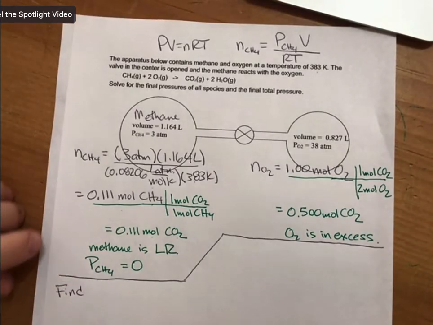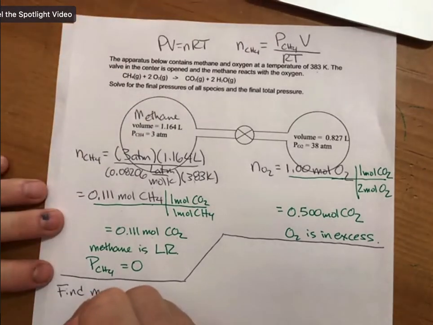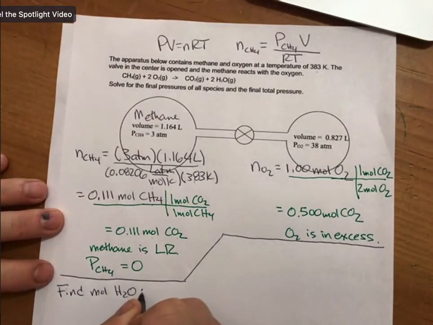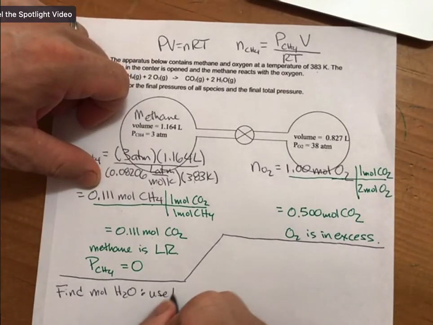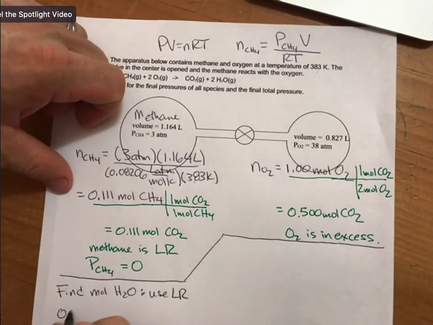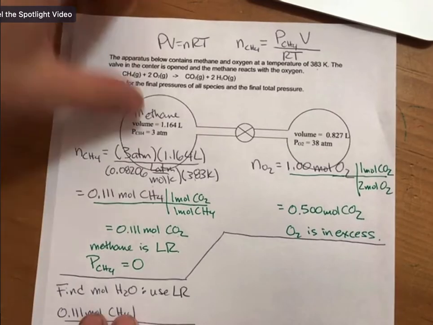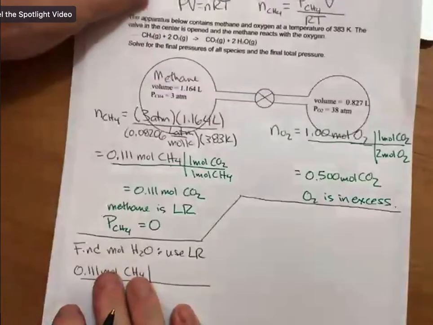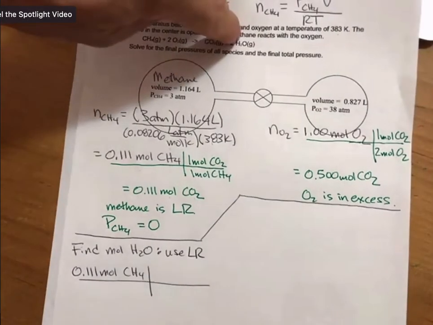Now we're going to find moles of H2O produced, and we're going to use our limiting reactant. This time we know that for every 1 mole of methane, there will be 2 moles of H2O.